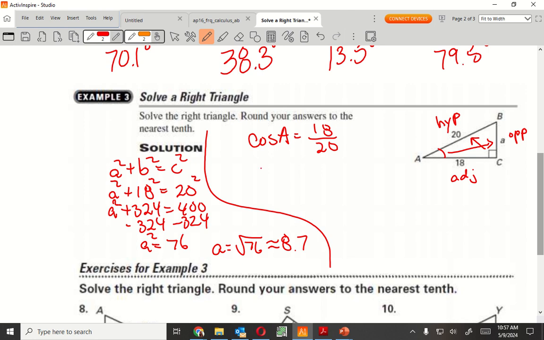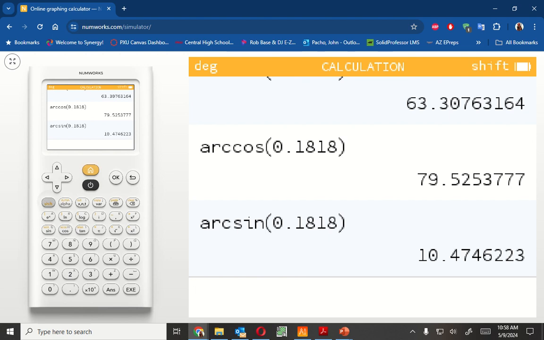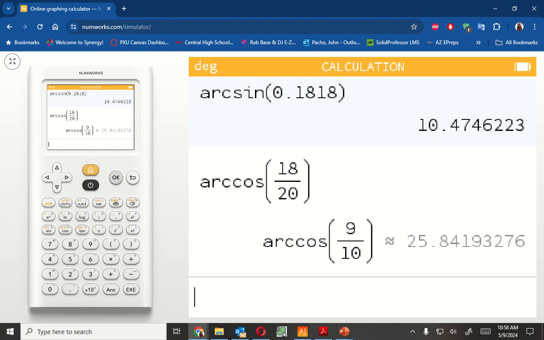It's going to be arc cosine of 18 over 20 is equal to A. Arc cosine of 18 over 20 is going to give me 25.8.